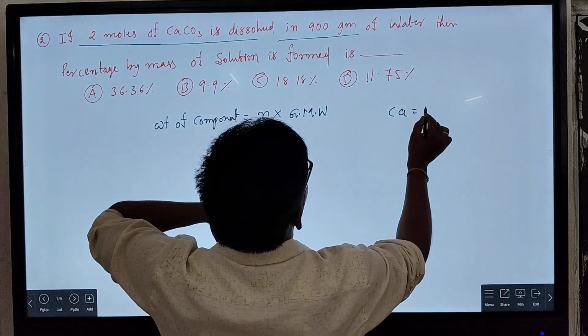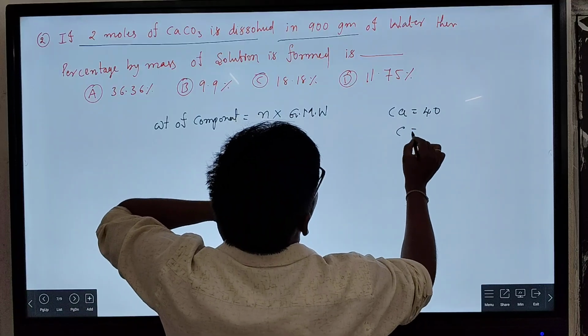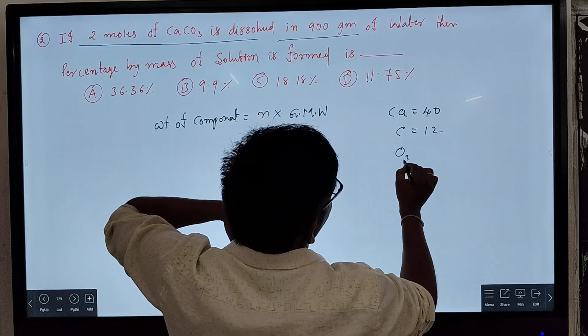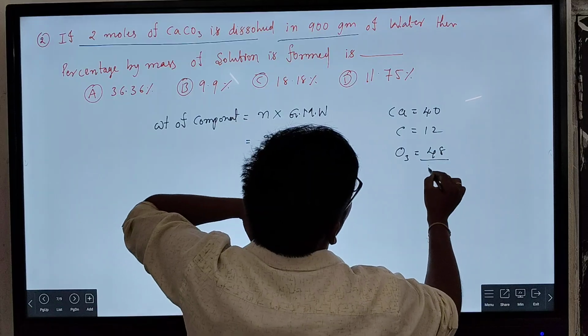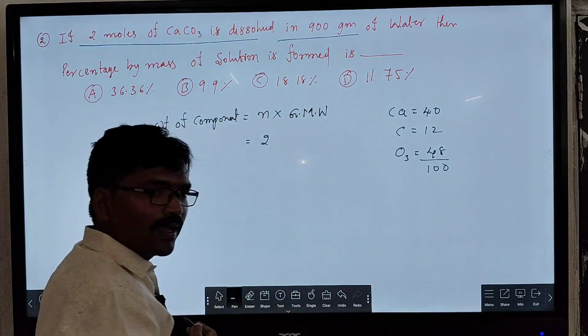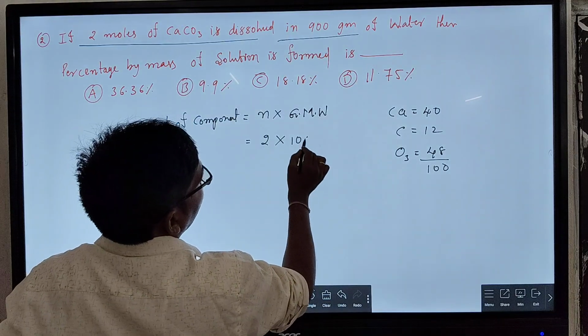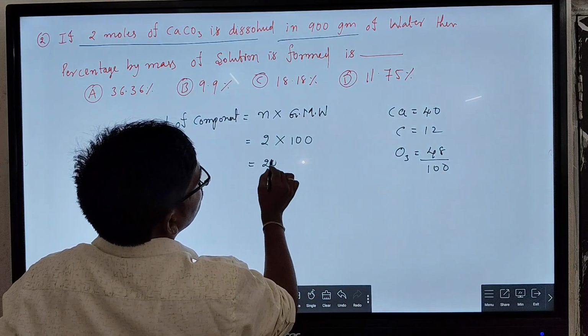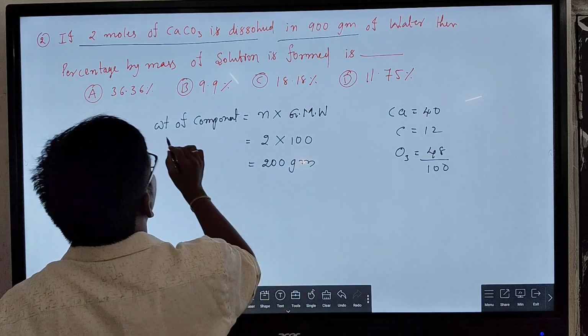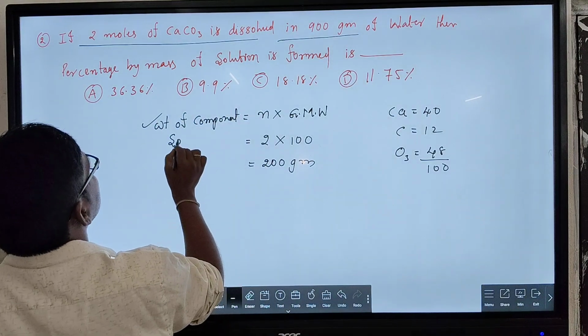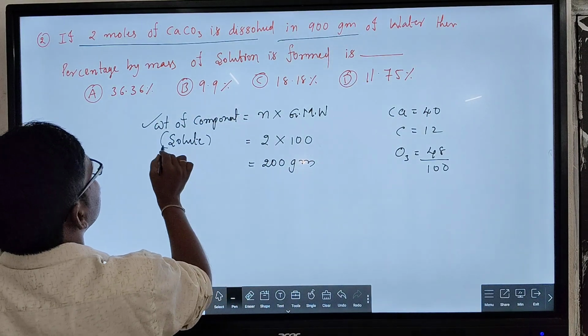Ca, it is 40. Then carbon, so 12. Then O3, that is 48. So total you can get it is 100. Clear? So number of moles 2 into 100, how much you can get? 200 grams. It is the weight of solute.